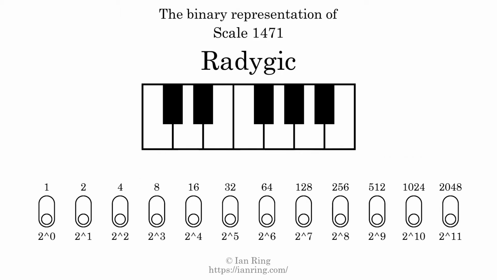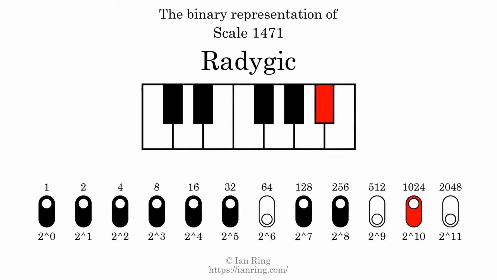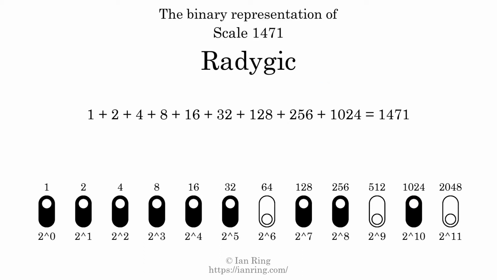The binary representation of this scale is determined by mapping tones of the scale to binary digits. Each binary digit represents a power of 2. To get the scale number, we add the powers of 2 together. The powers of 2 that are present in the scale, all added together, equals 1471.